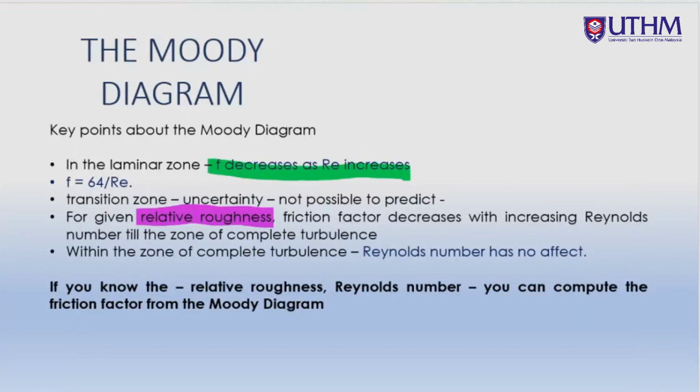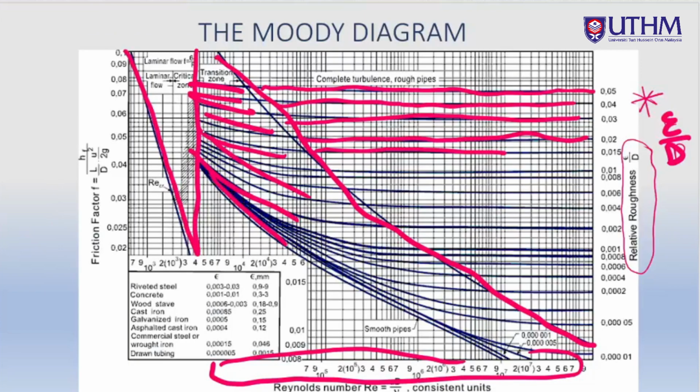Okay, this point is clear. And then the friction factor is equal to 64 over Re. Okay, so ini line ni adalah f dia equals to 64 over Re. That's why kita dapat straight line je.